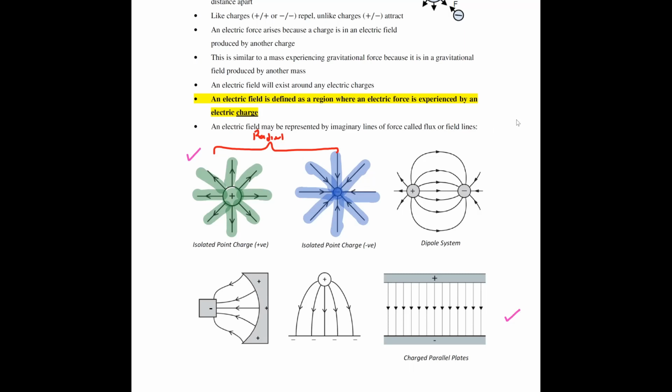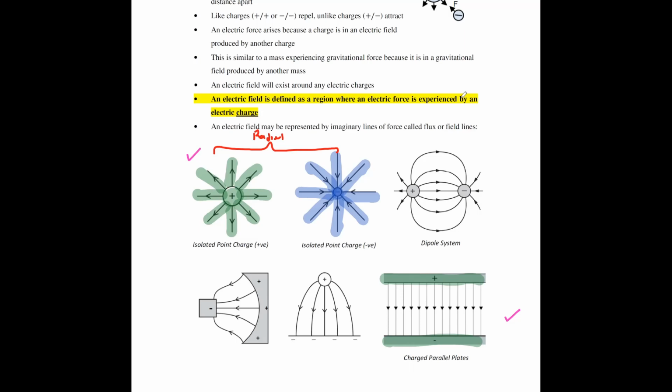So there's also something called charged parallel plates, which is essentially just two plates that are parallel to each other and which carry some charge. In between those two plates, you will also have an electric field being set up here. Because if you put a charge in this region, the charge experiences a force, so there is an electric field there.